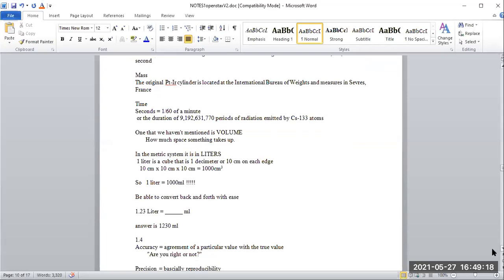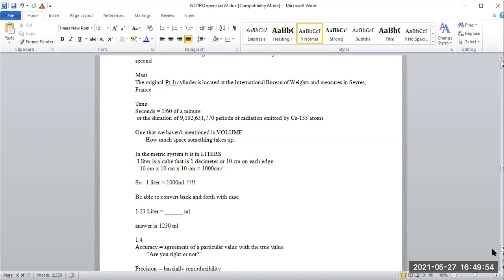One of the things that my people who did lab yesterday experienced was the idea that liters, actually specifically milliliters, and cubic centimeters are the same thing. 1 milliliter equals 1 cubic centimeter. You can then also say that 1 liter is 1,000 milliliters or 1,000 cubic centimeters.